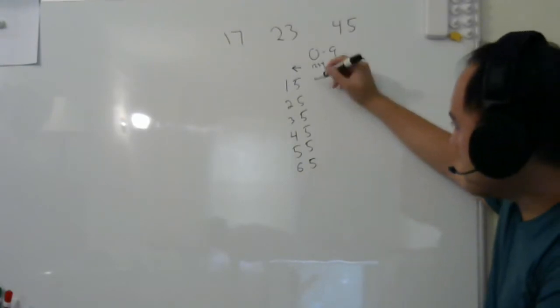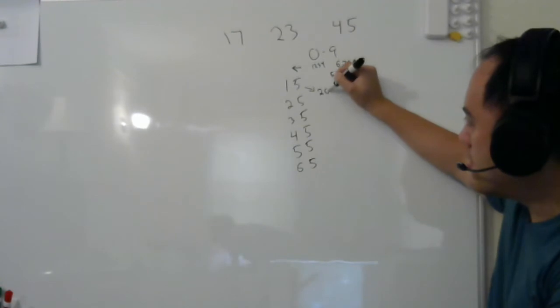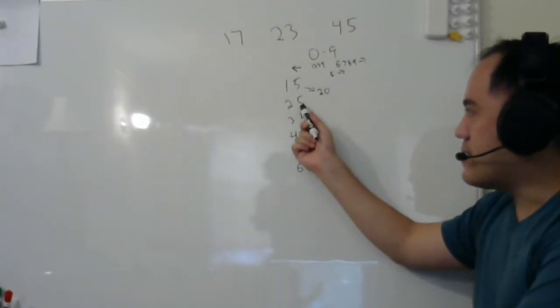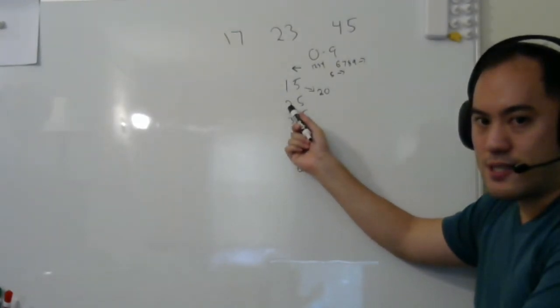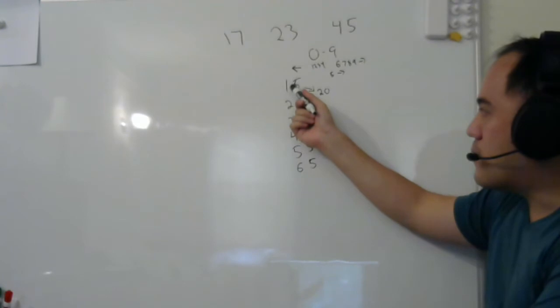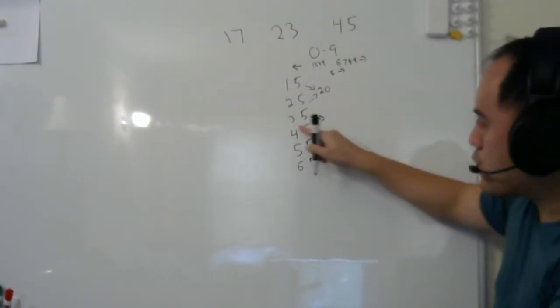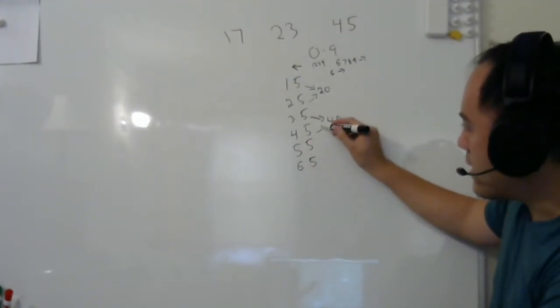If I have 15 and I want to round to the nearest 10th, I'll round up to 20 as normal. But if I have a 25, look at the digit in front of the 5, the 2. If it's odd, you round up. If it's even, you round down. So 35, the 3 is odd, you round up. 45, the 4 is even, you round down.